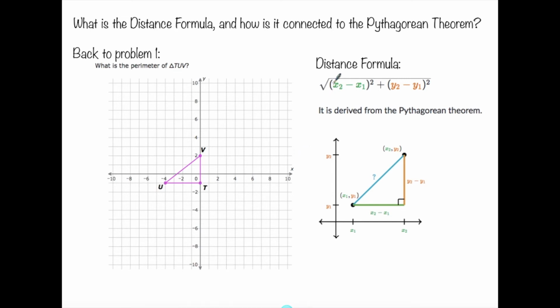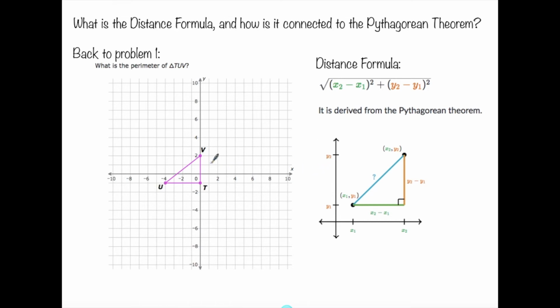Well, the distance formula is derived from the Pythagorean theorem, but it takes us directly to the step we need to find that length, rather than us drawing out this triangle, finding this distance, and then eventually calculating this distance. So it gives us the direct formula to get there, and especially as our triangles or distances between points get bigger, this distance formula is going to be more efficient for us to use.